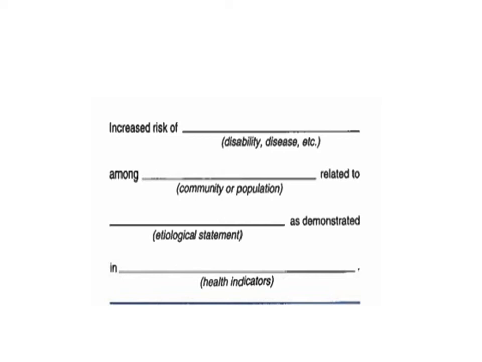It could be an environmental issue, or it could be increased risk of morbidity or mortality related to lack of access to health facilities. So that could be a diagnosis that you come up with based upon your findings from this week's data mining alone. And that completes this session.